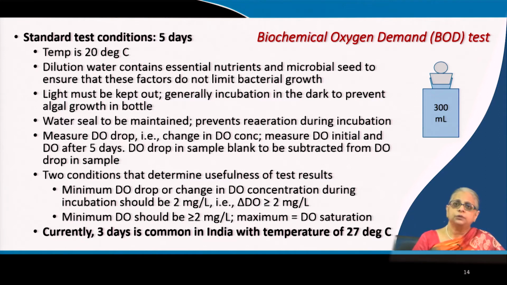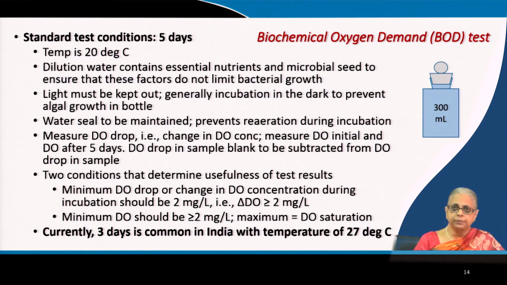Now, you know that wastewater, whether it's municipal wastewater or sewage or any industrial wastewater, will have varying degrees of biodegradable material. If you think about municipal wastewater, we often take a ratio of 2, it may be 3 or even 4, and industrial wastewaters can be completely non-biodegradable or completely degradable. So for example, wastewater coming out of, let's say, a food processing plant will have completely biodegradable material.